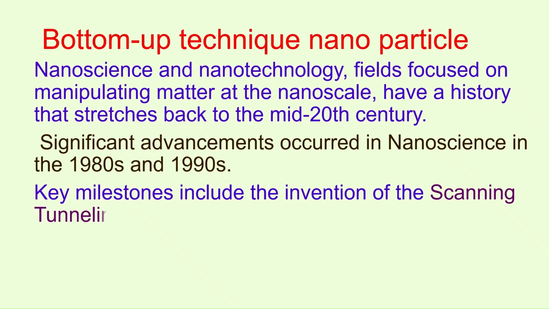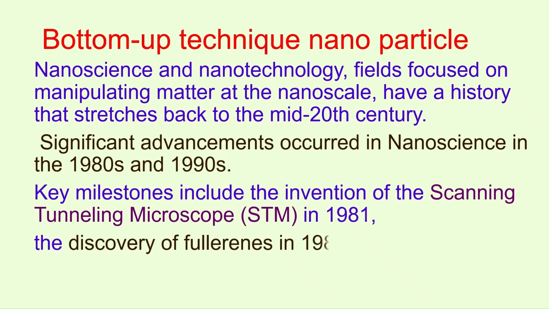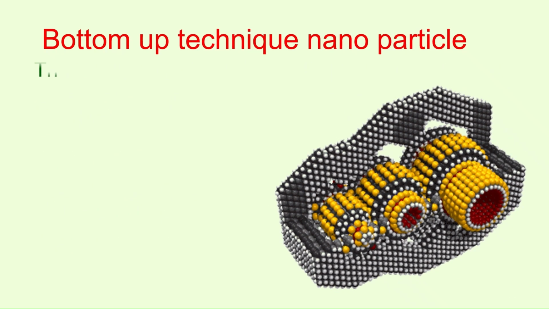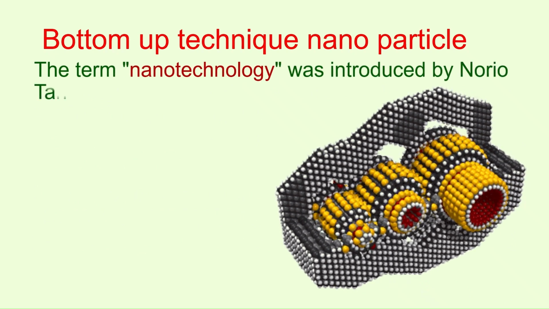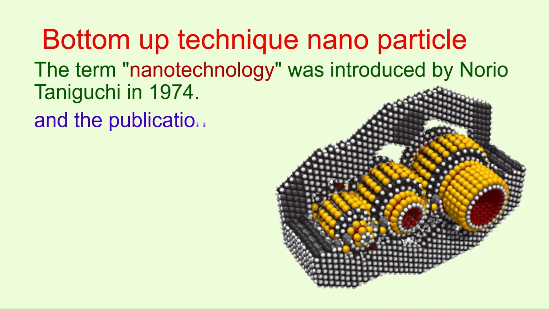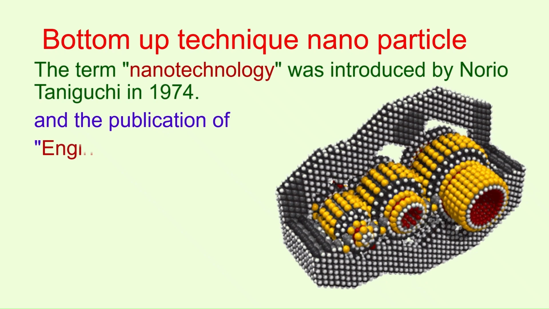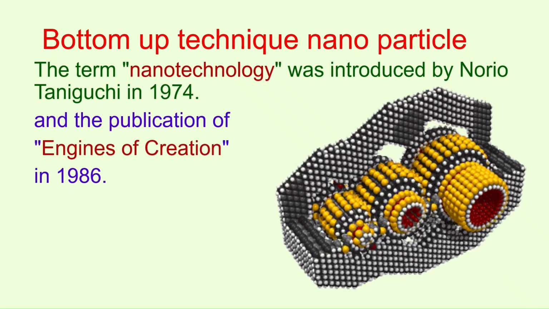Key milestones include the invention of the scanning tunneling microscope, STM, in 1981, the discovery of fullerenes in 1985, the term nanotechnology introduced by Norio Taniguchi in 1974, and the publication of Engines of Creation in 1986.